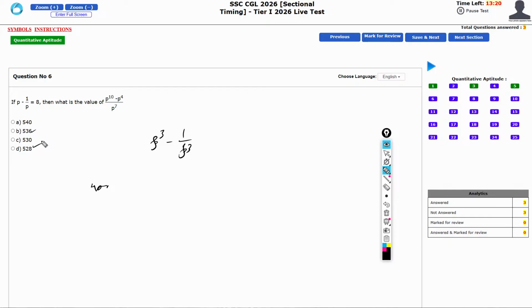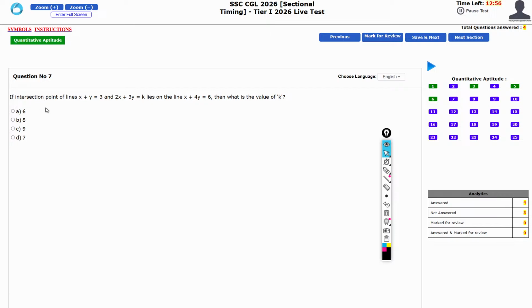No, no. Or yes. Between these two only. So I have to now calculate. So that is 8 cube minus, so minus here also, right? So plus 3 into 8, 8 cube, 512 plus 24. So ending with 6, this one.